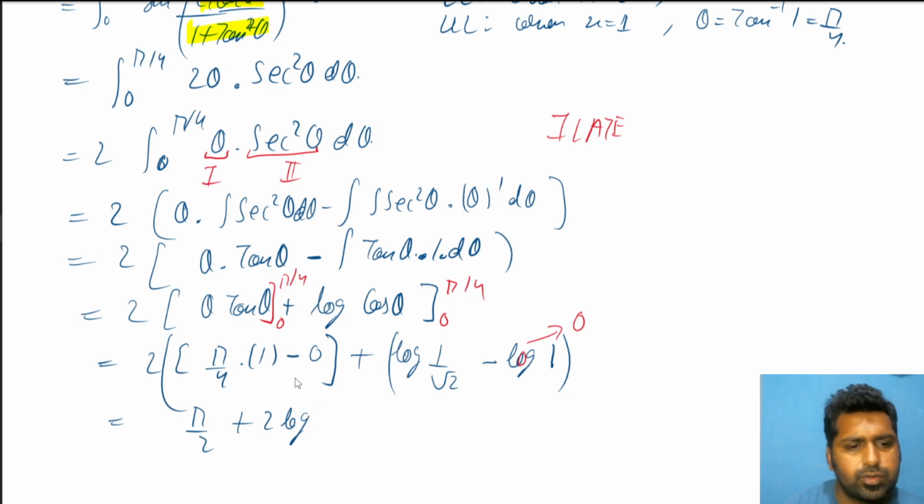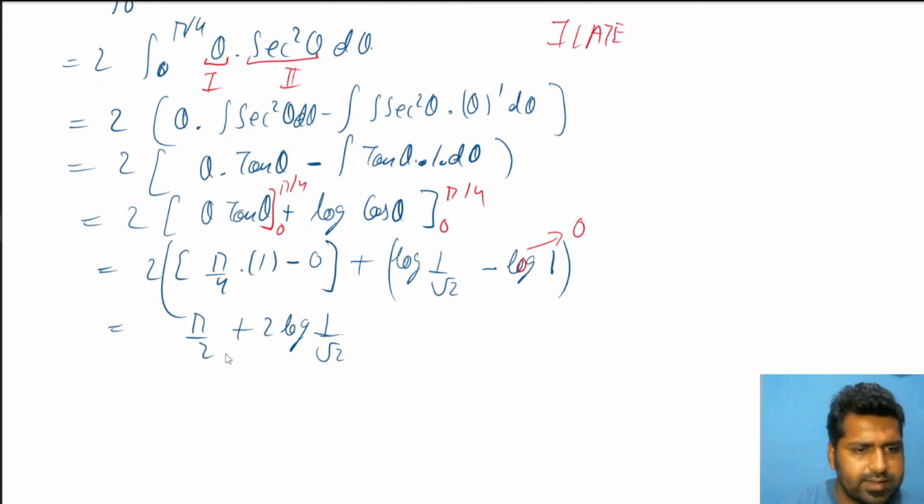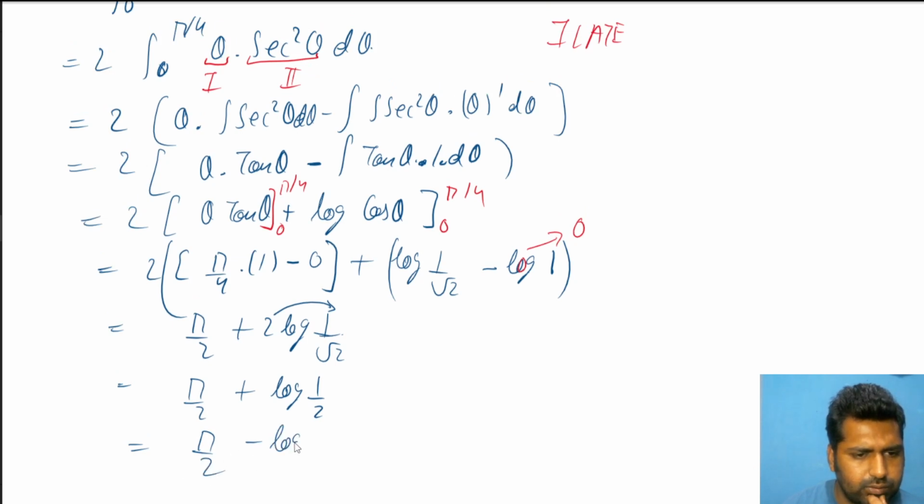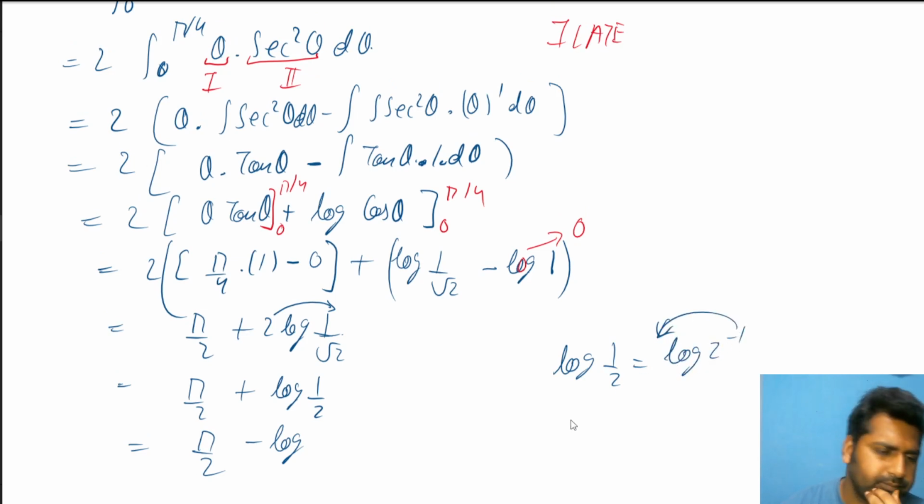See, 2 is being multiplied, so the first expression is only pi by 4, this is only log 1 by root 2, so pi by 2 plus 2 log 1 by root 2. And what you can do is raise the power, take this in the power, so that will be log 1 by 2, and if you want to manipulate further, you can write this as pi by 2 minus log 2. Basically log 1 by 2 is log 2 raised to power minus 1, and minus 1 can come down.